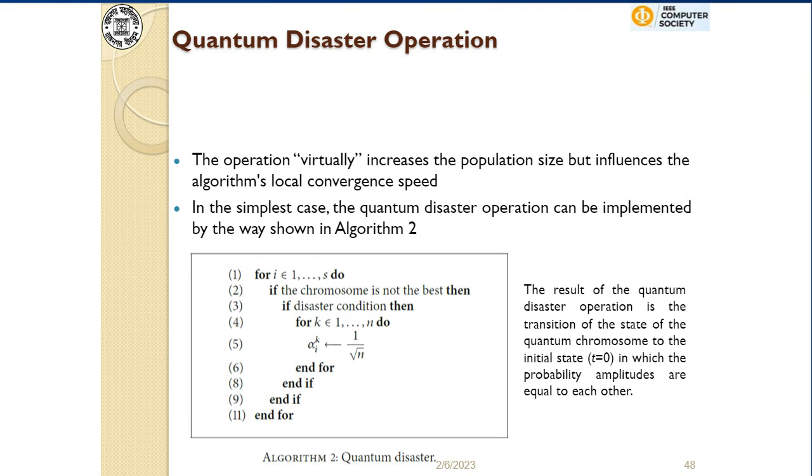This is one example. What you do ultimately virtually increases the population size. So you first check whether the chromosome is not the best, and then you check the disaster condition, whether it is true or false. Then you initialize all those chromosomes, all those k chromosomes from 1 to n, setting their probability amplitudes equal to 1 by root 10, which was the initial state.